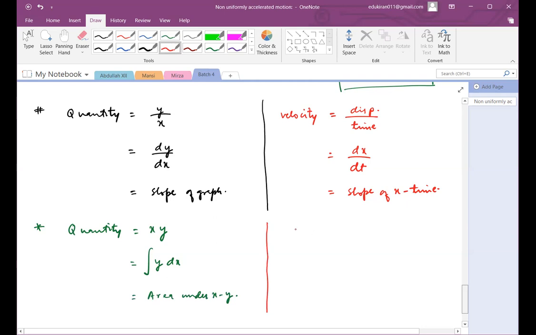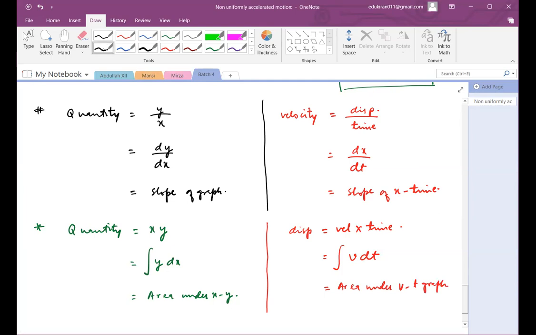Suppose in this part you have to calculate displacement, it will be equal to velocity into time. Now if velocity is a time-dependent function, you will use v times dt to get the displacement. And if there is a graph between velocity and time, just calculate the area under the velocity-time graph. Is it clear to this part?